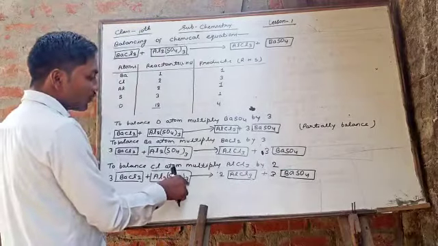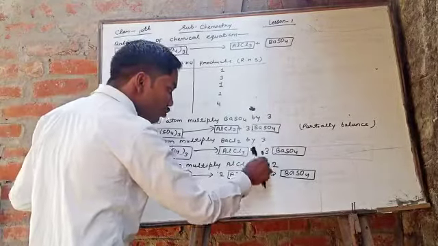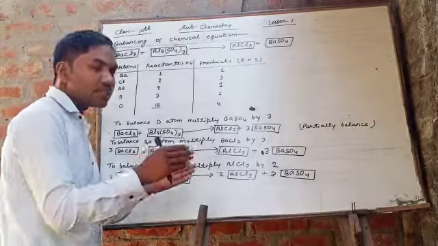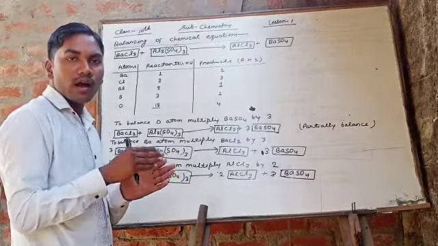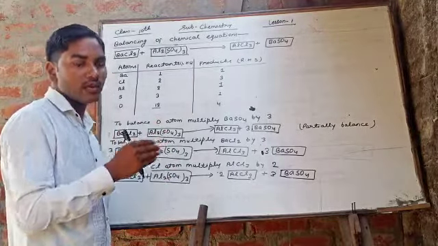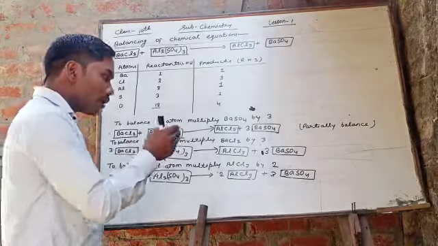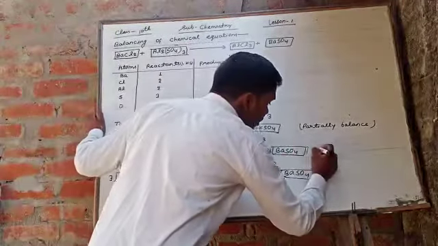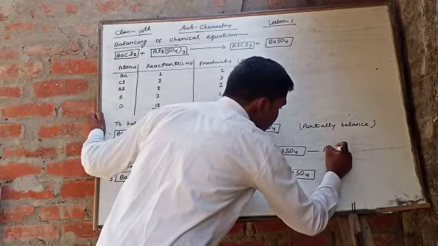And oxygen 4 3s are 12, and here also 4 3s are 12. So in this case all the atoms on the reactant and product sides are equal. So this is a balanced equation. This one is partially balanced.